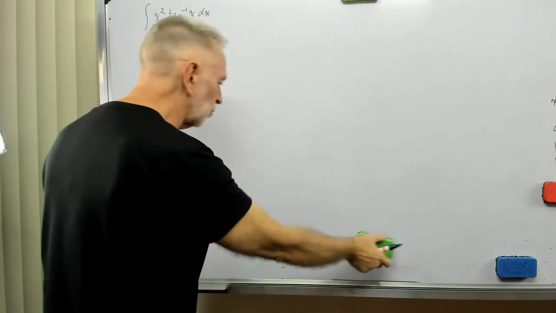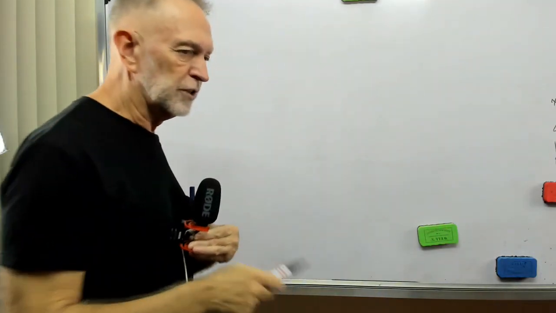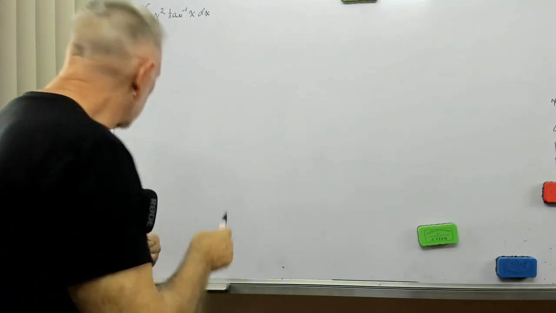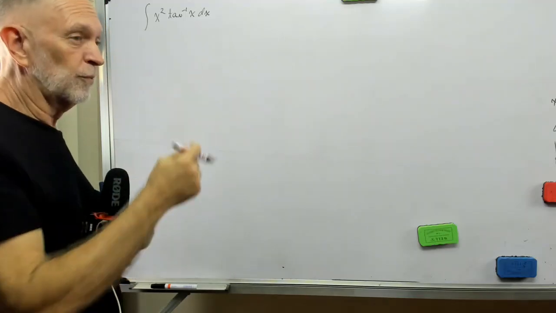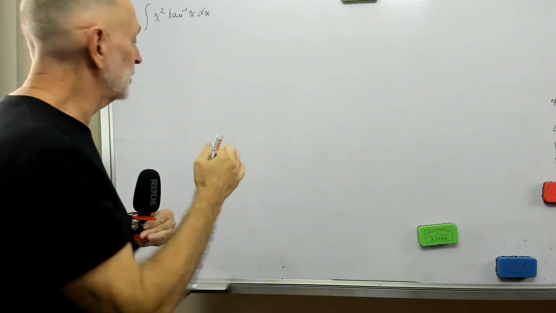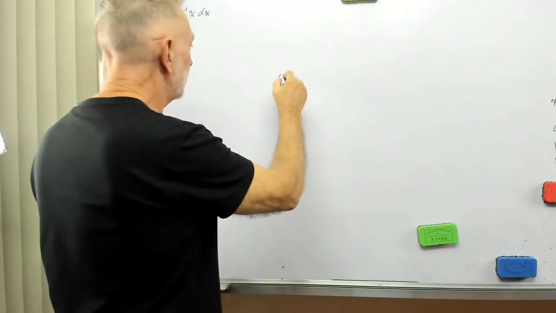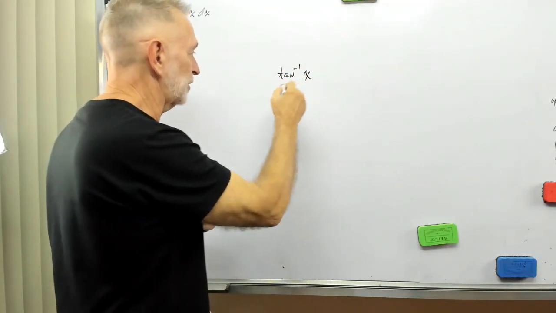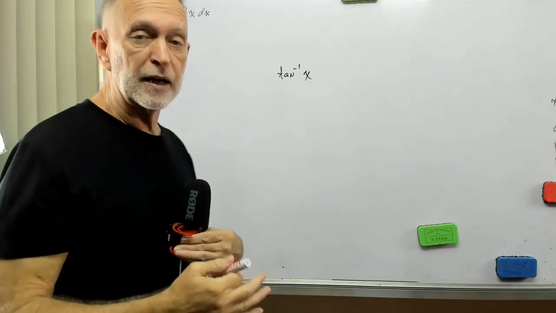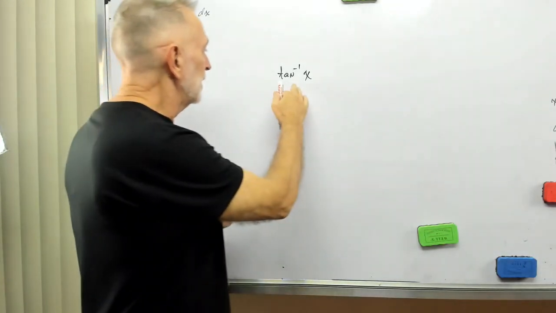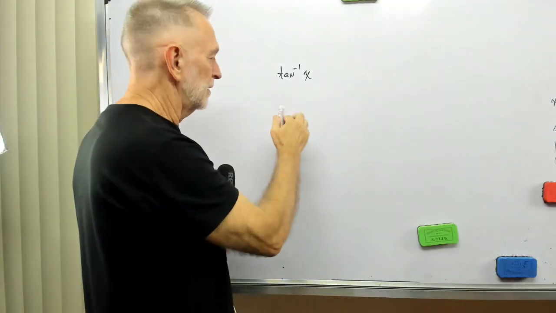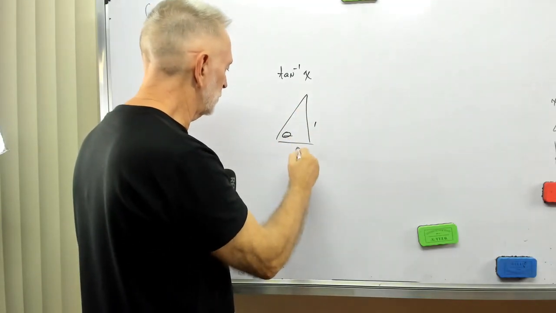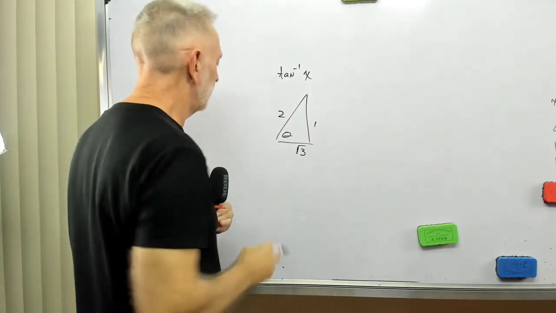But there are a few rules that we need to understand when you're working with integration by parts. Okay, well, working with tangent inverse, I should say. This could be tangent inverse x, sine inverse x, cosine inverse x, that's theta. When you have the angle, let's say I have 1, square root 3, 2.